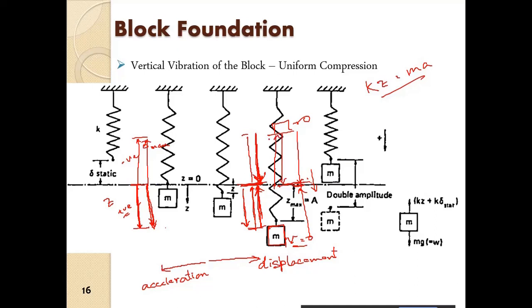As it goes up, acceleration is again in the downward direction, so the velocity will reduce, it will be 0 at this condition, it will stop, then it will change its direction of motion and come back. Okay, so this is displacement, this is acceleration, and we have the velocity in this direction. This is the phase of the velocity.